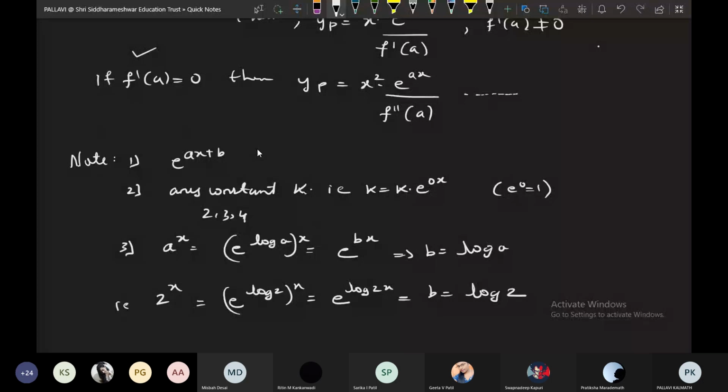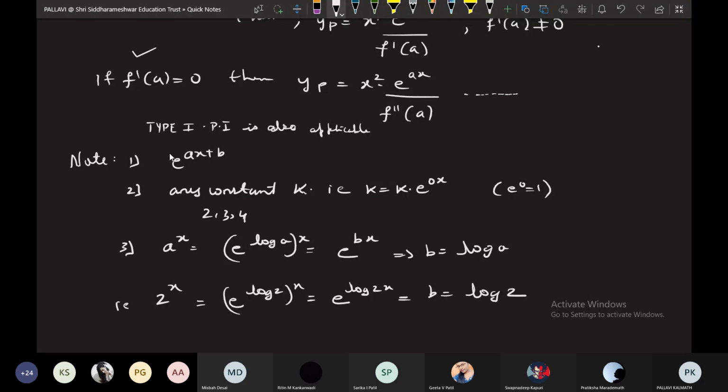Okay, so you can write in the note: type 1 particular integral is also applicable for the following functions.